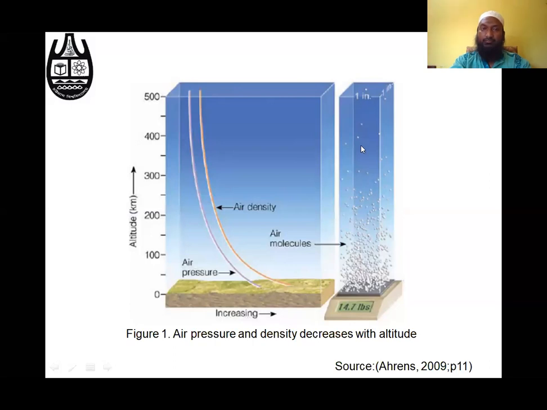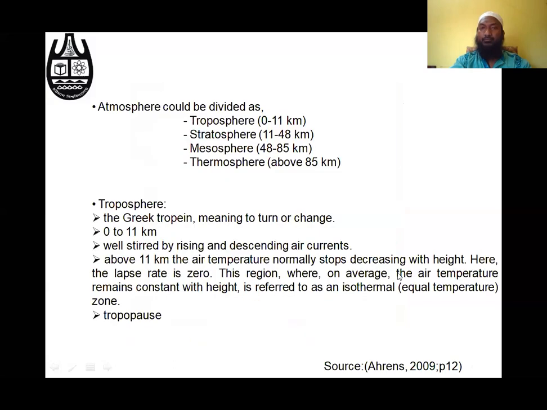You see, at the top of the atmosphere there are few molecules, so the number of molecules is less, while near the ground we have many more molecules. This also means more pressure here.